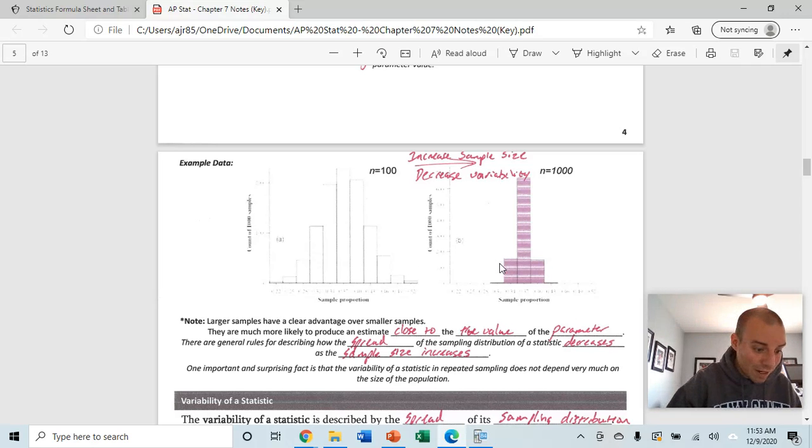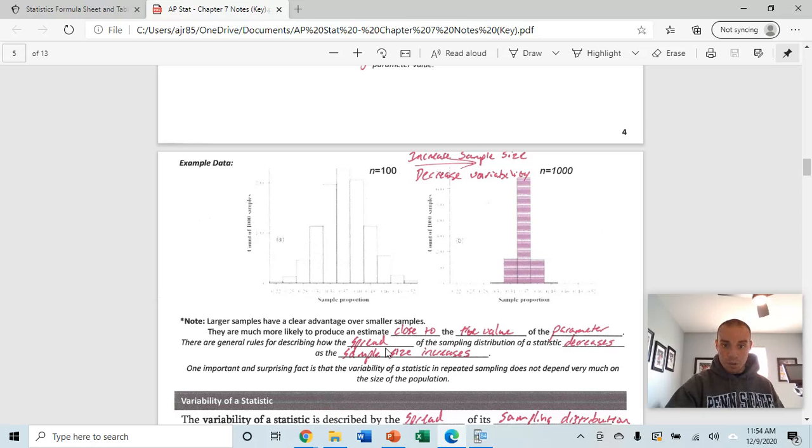Here, my samples vary from 0.31 to 0.43, so the range is only 0.12. As we increase the sample size from 100 to 1000, we've reduced the variability in our p hats, or in a different case, our x bars. So increasing sample size decreases the variability of your individual samples. Larger samples have a clear advantage over smaller samples. They are much more likely to produce an estimate close to the value of the parameter.